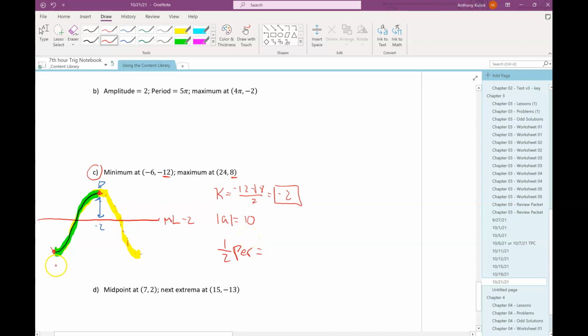And a period is a horizontal distance, so I'm looking at the x's. How many units does it take to go from -6 to +24? Well, it takes 6 units to get to 0, and then 24 more units to get to 24, so 30. I can multiply both sides by 2 to get that 1 period is 60.